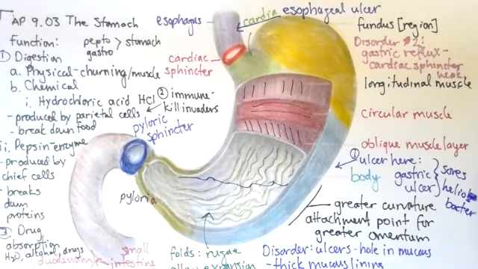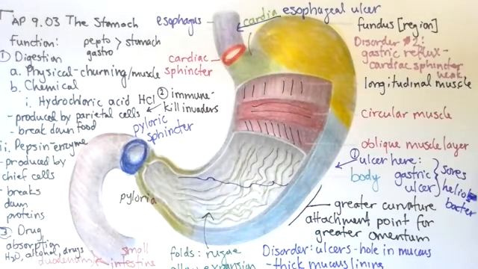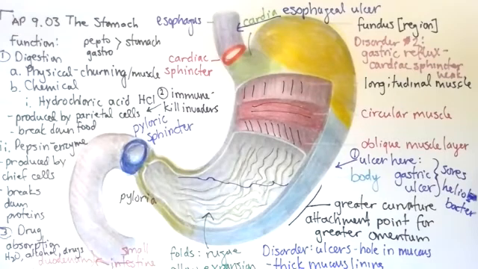All right, so what are our takeaways? We went over the anatomy first: we have regions, sphincters, and muscle layers. Then we talked about the function of the stomach. We have three functions: digestion, immune response, and drug absorption. Our digestion can be physical or chemical. Chemically, it could be hydrochloric acid or pepsin, and they each have their own source and their own job. Then in disorders, we talked about ulcers. You can have gastric ulcers or esophageal ulcers.